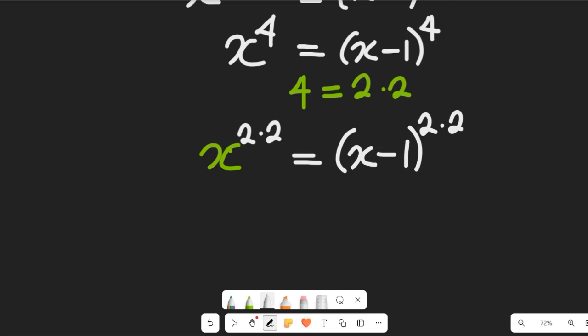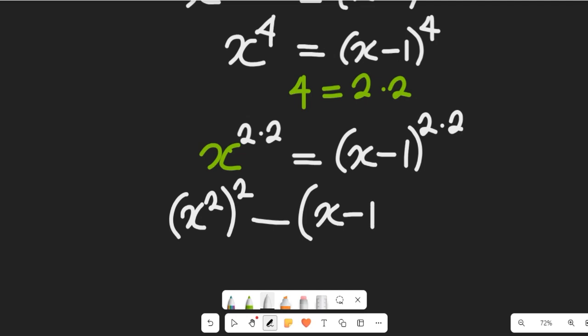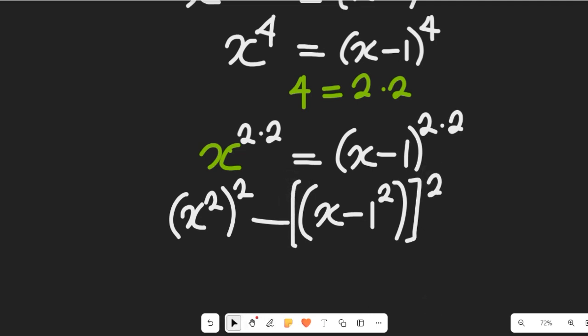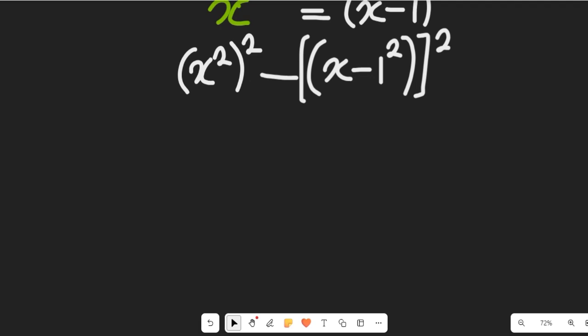And according to the law of indices, I can still simplify this: x squared all to the power of 2. If I bring this to the other side, it becomes minus (x minus 1) squared, all to the power of 2. Great. So I can simplify from here, and all of this is equal to 0 on the right hand side.